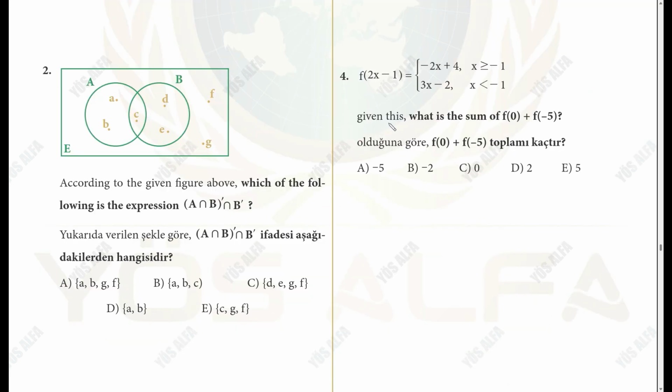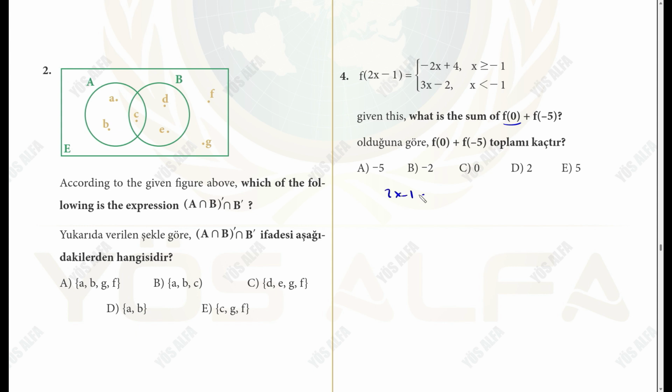Number 4, given this, what is the sum of f of 0 plus f of minus 5? So f of 2x minus 1 is given as the piecewise function with x larger than minus 1 being minus 2x plus 4 and x less than minus 1 being 3x minus 2. So to calculate f of 0, we'll equate 0 with the input of the function.